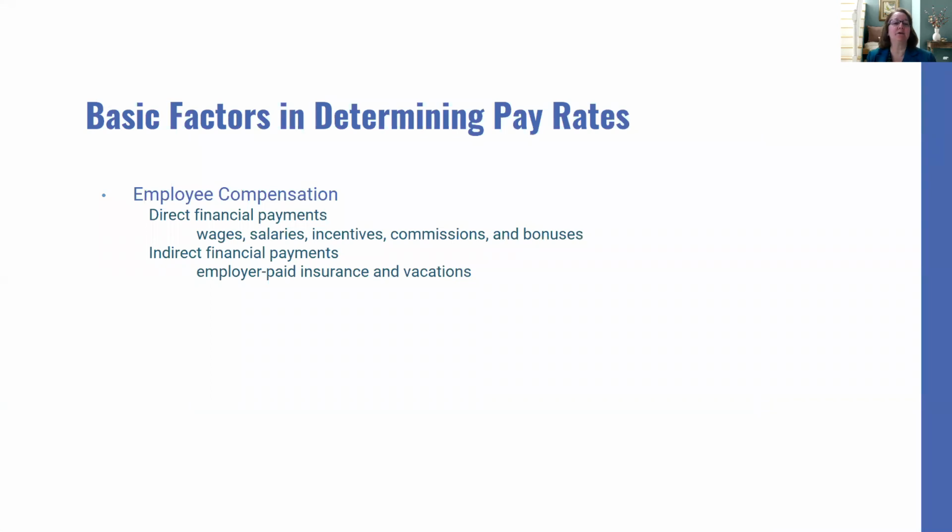So you've got the direct financial payments: wages, salaries, incentives, commissions, bonuses, those types of things. And then you've got the indirect financial payments, and that could be insurance, vacations, and it could be other things as well. But they are financial as well.